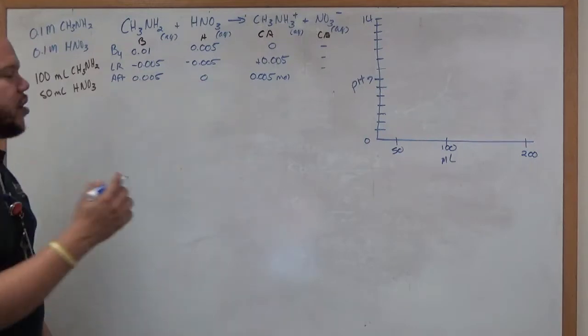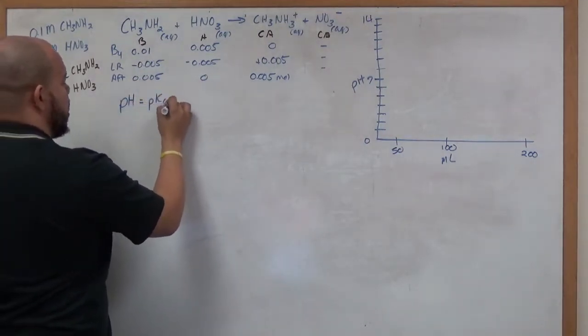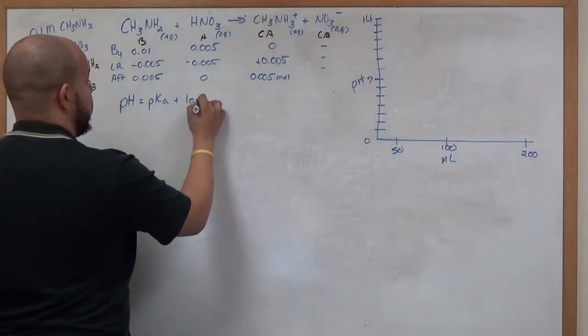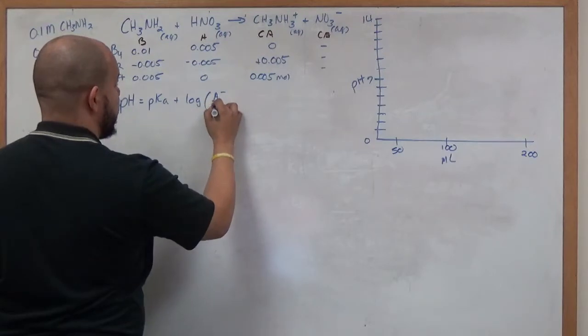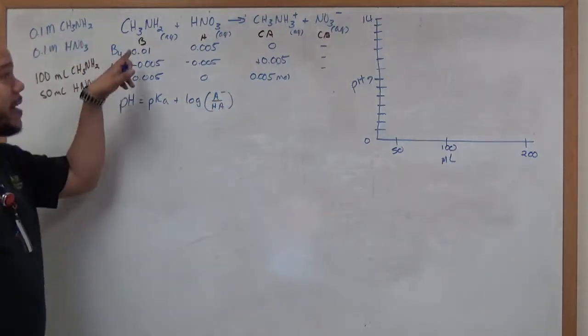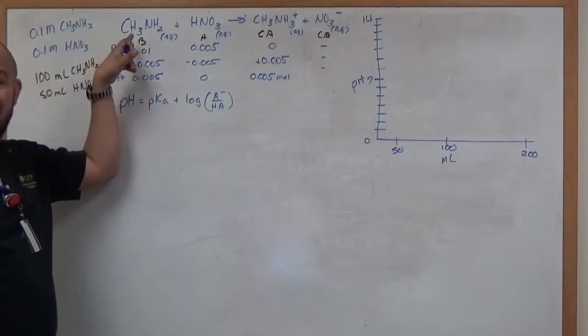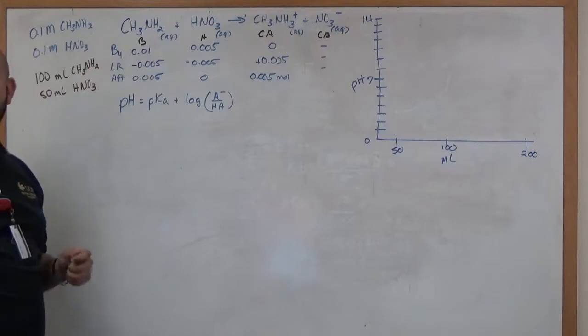we can utilize Henderson-Hasselbalch. So pH is equal to pKa plus log of A minus over HA. Now, is this useful right now when we're dealing with a base that we have the pKb for?